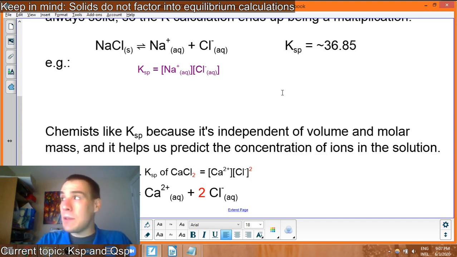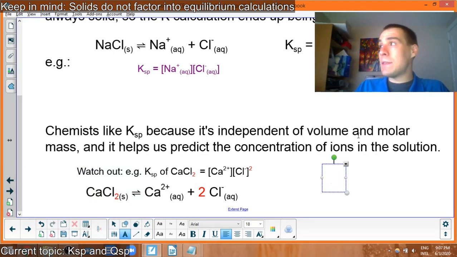We like it. You do have to watch out for it though, because of this kind of thing. If it's, say, calcium chloride, when calcium chloride dissolves, you get one calcium and two chlorines. So the KSP is, there's a 2 here now, so that's going to square your chloride term.